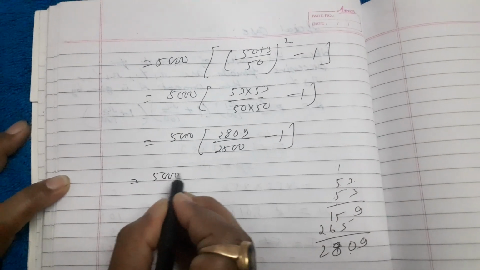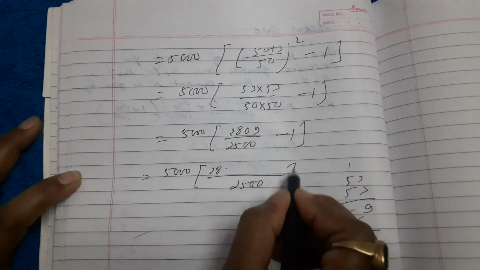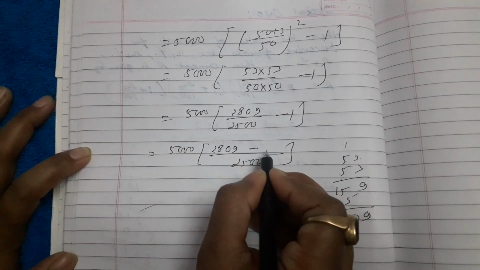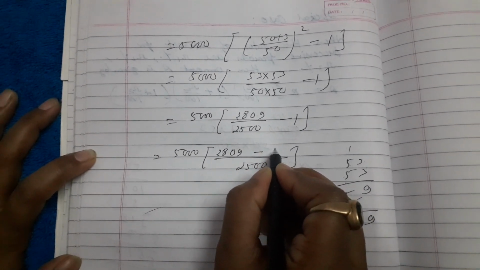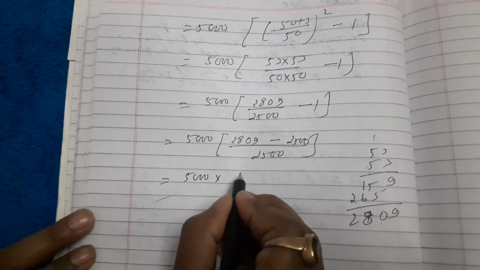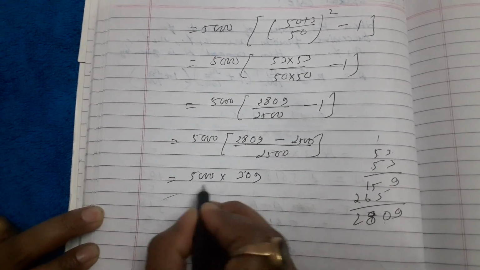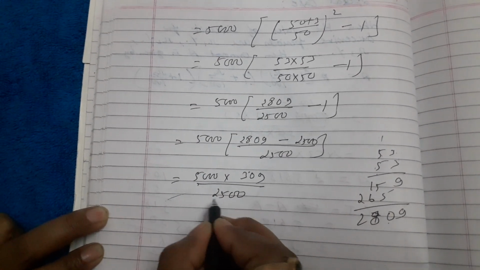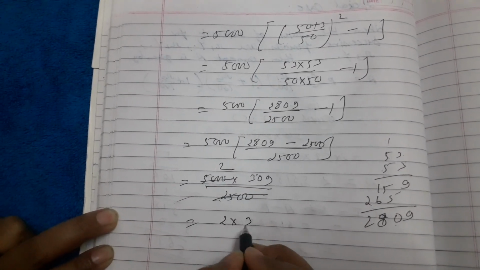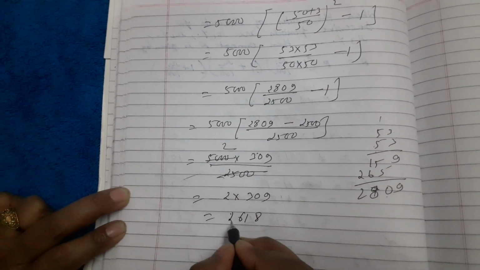Now 5000 is here. We will take LCM 2500. So here is 2809 minus 2500, therefore 5000 into, we will subtract here, so it is 309 divided by 2500. 2500 twos are 5000, so 2 into 309 is equal to 618.